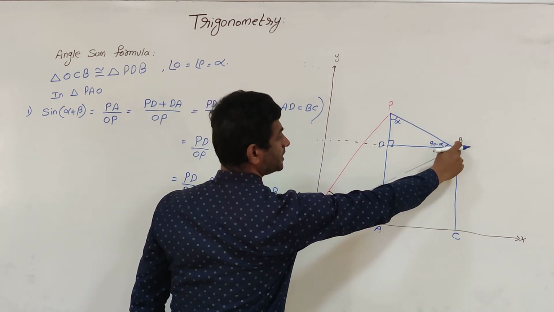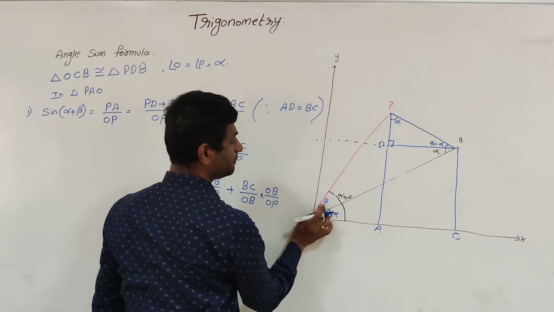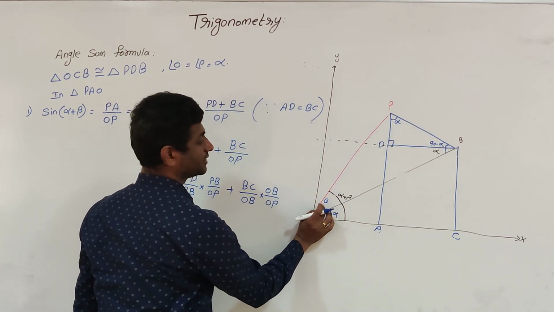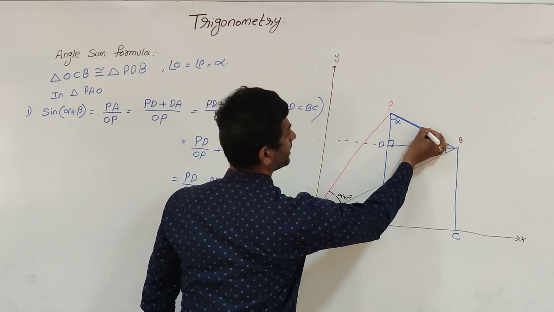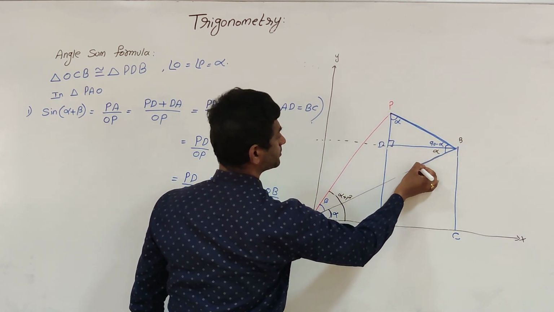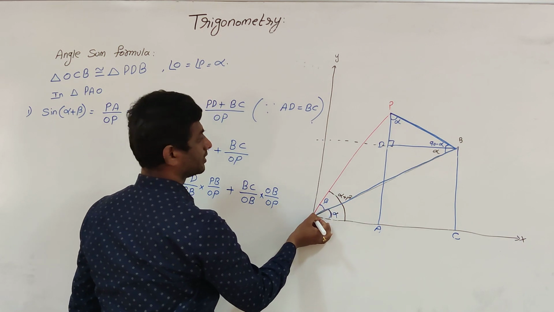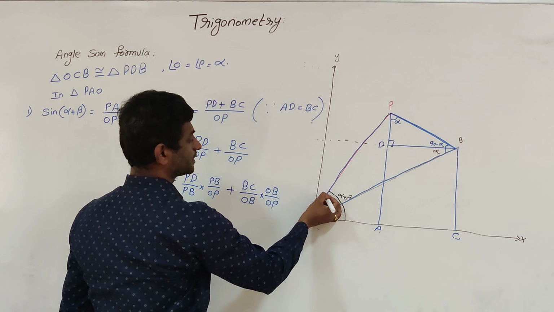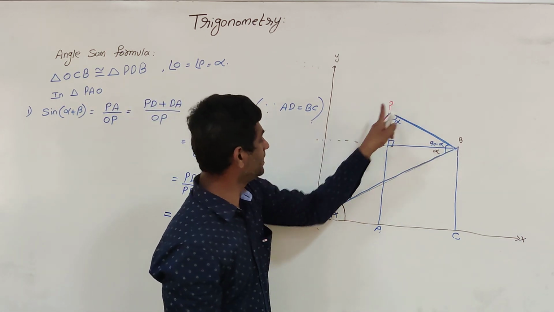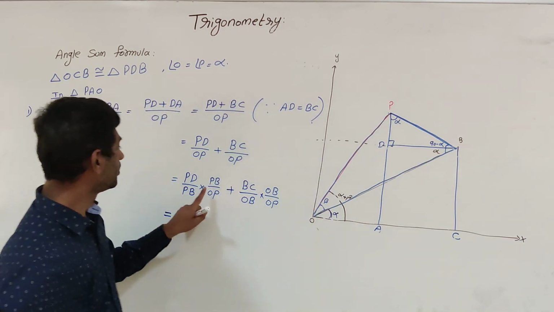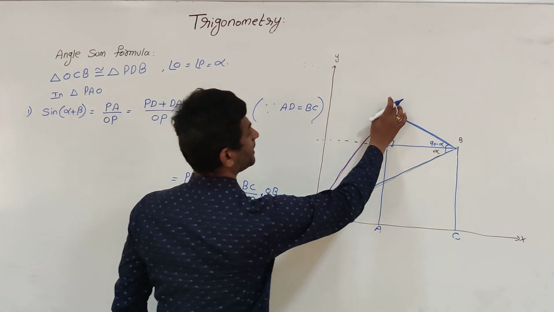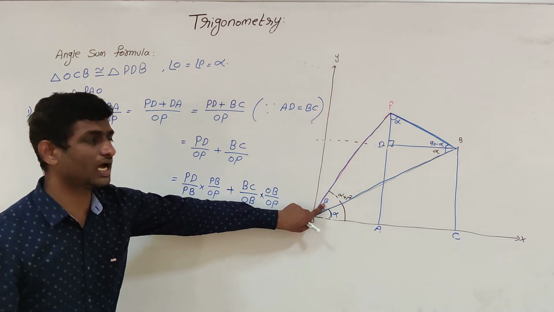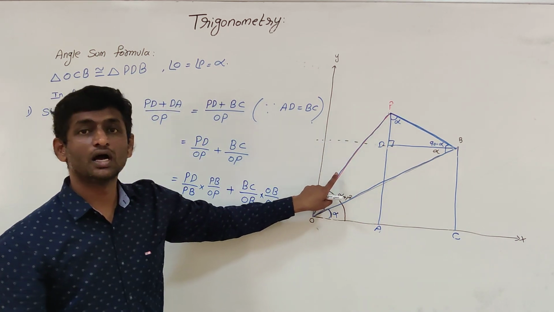PB is the opposite side for beta, in this triangle PBO. So this is the right angle triangle for OBP, and beta is the angle. Now PB by OP: PB is the opposite side for beta and OP is the hypotenuse.